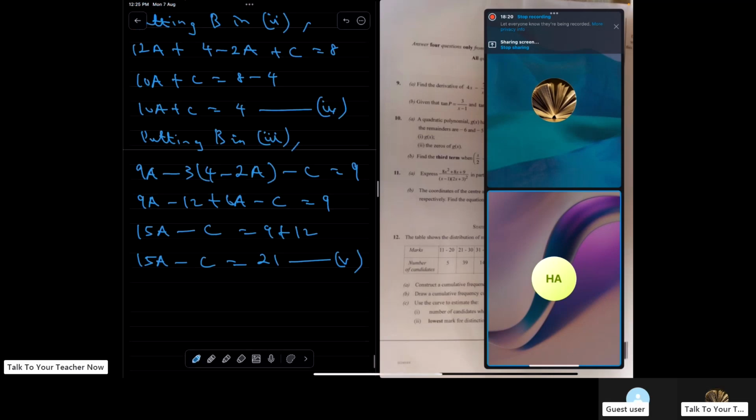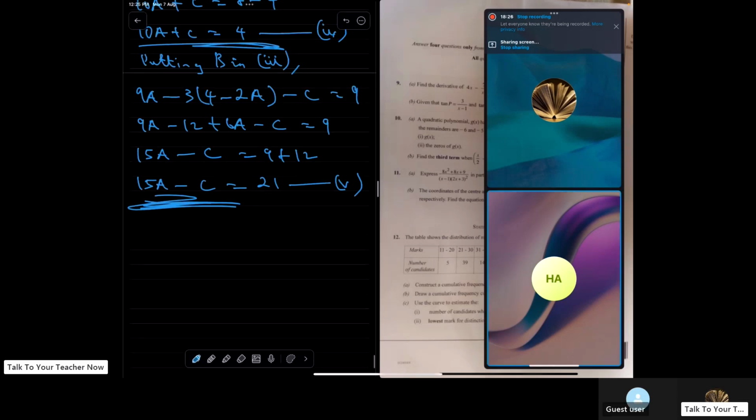You notice that 5 and 4 have the same terms, so we can solve them simultaneously. 10a plus c equals 4, and 15a minus c equals 21. We can already eliminate the c. How?